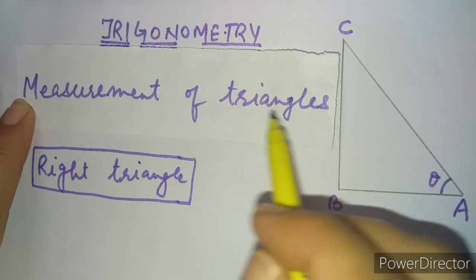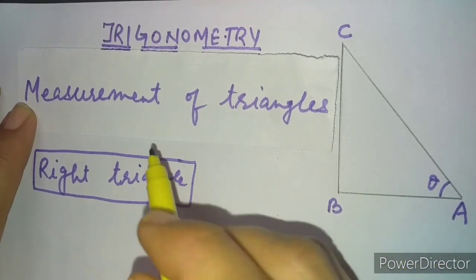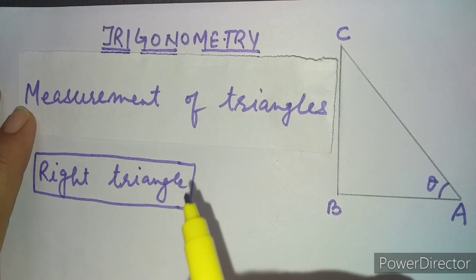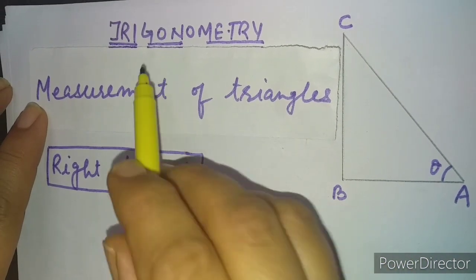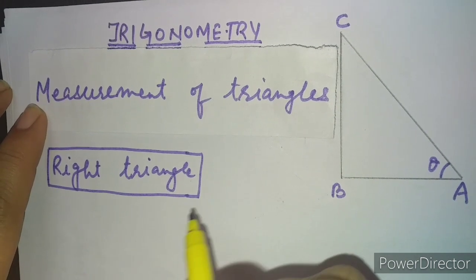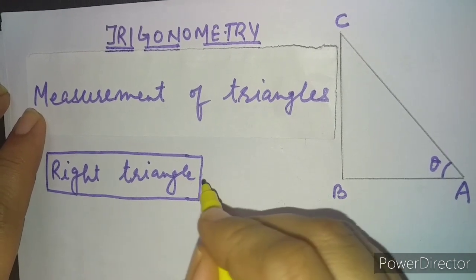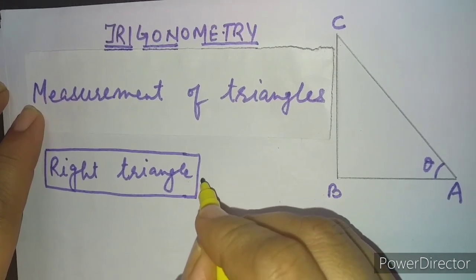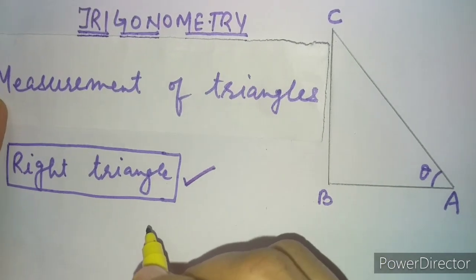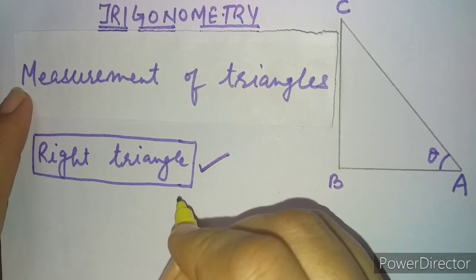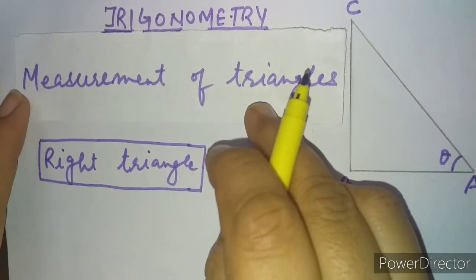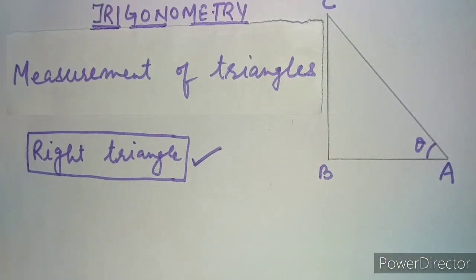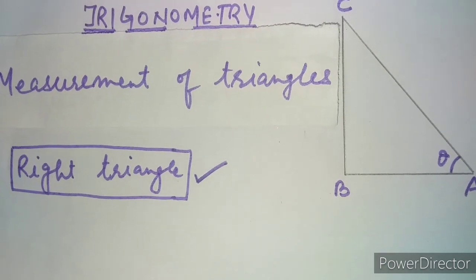Trigonometry, measurement of triangles. Now, when we talk about a triangle, I want to specifically tell you that you all should remember that in trigonometry we are concerned only with right triangles. Remember always, whenever a figure is given to you in the questions of trigonometry, try to search for a right triangle.